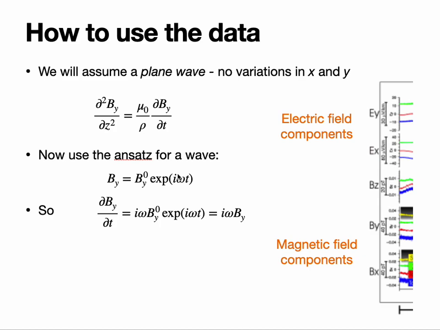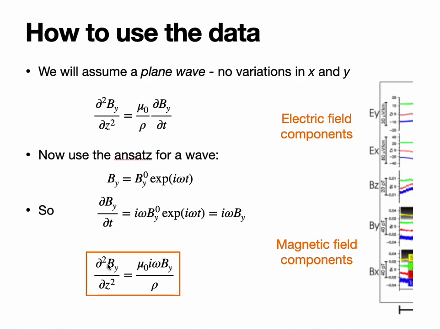If we inject this, we can check first the derivative with regard to time. The derivative of exponential e to the i omega t is i omega times By0 exponential e to the i omega t. So this simplifies to i omega By. That's the derivative of this. So we can inject this into this.